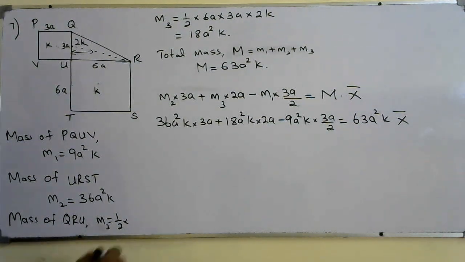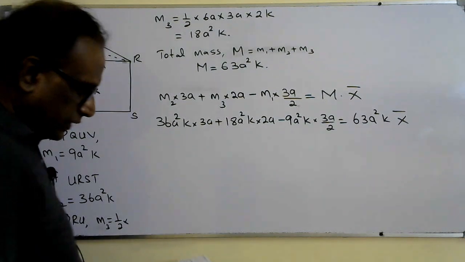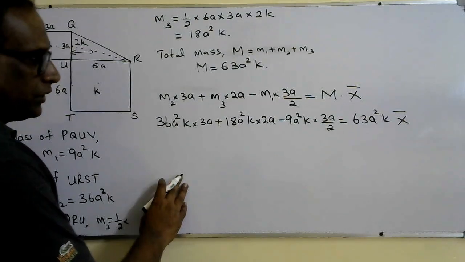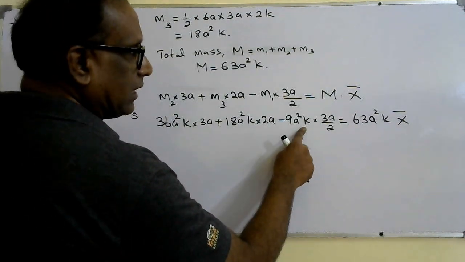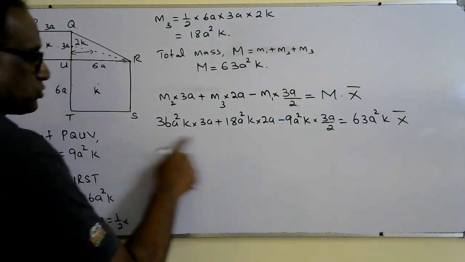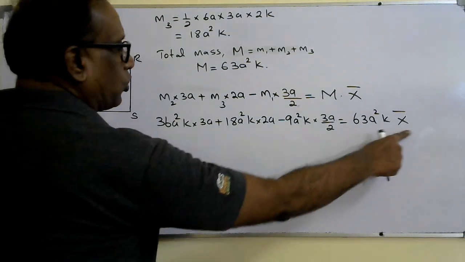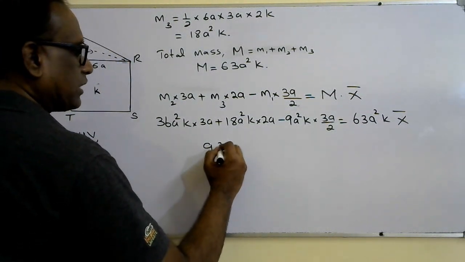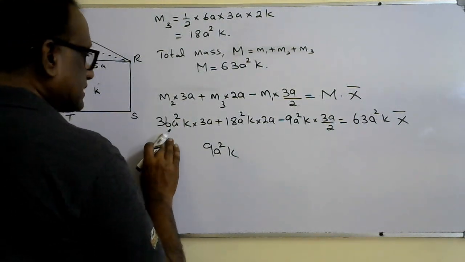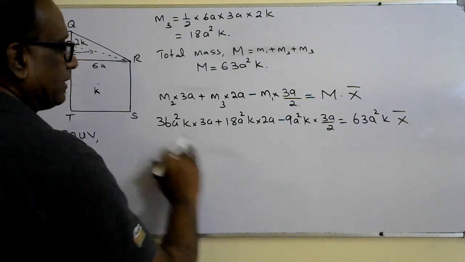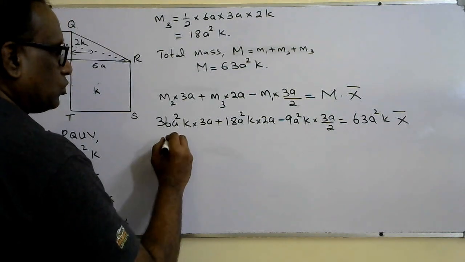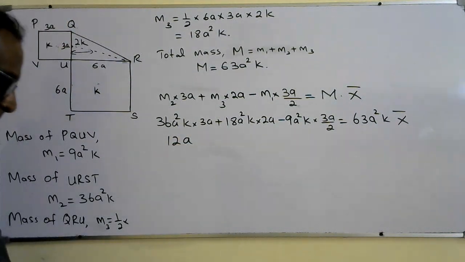Here you can divide the whole equation carefully by 9A squared K. Here 7 will come, no? So if you divide the whole equation by 9A squared K, this becomes 12A.